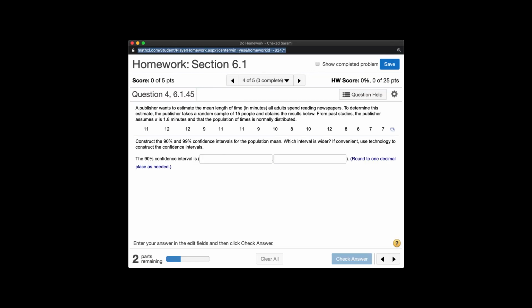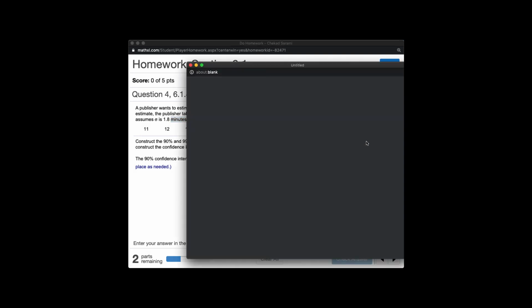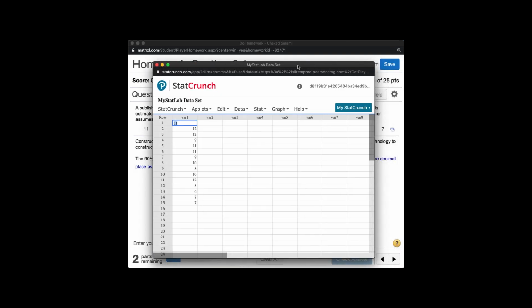Right, so let's solve the same type of problem now using StatCrunch or technology. So first thing, same thing, 15 people, sigma is 1.8. Maybe the numbers are a little different, but I want you to see how we can do this with StatCrunch. You click on the data, you can open in Excel, but we would like to open this in StatCrunch. Then you click on Stat, then you go to Calculators.